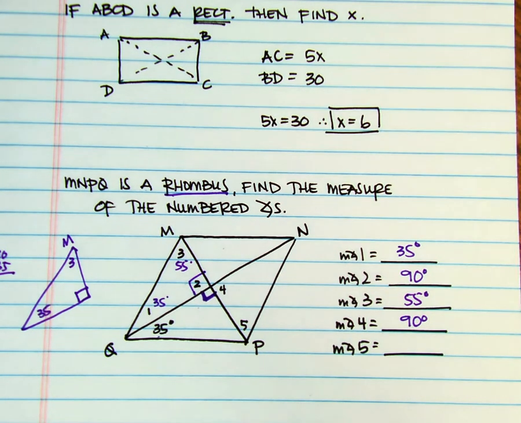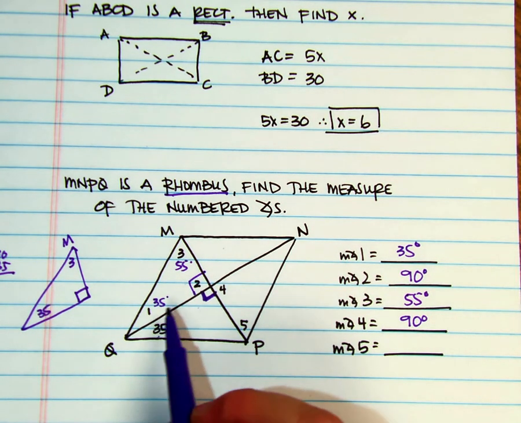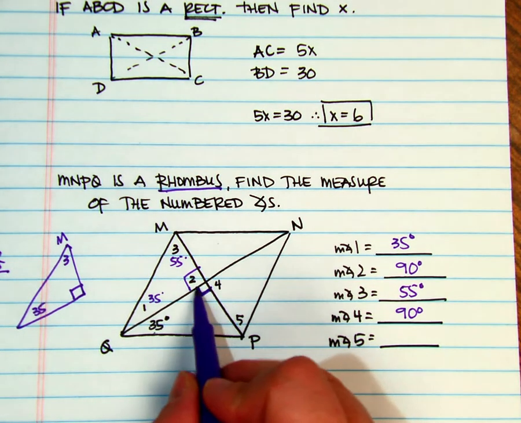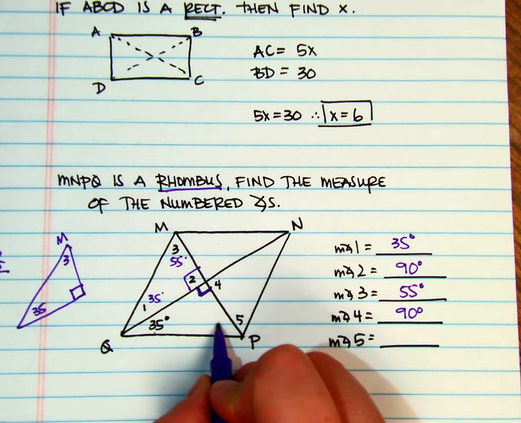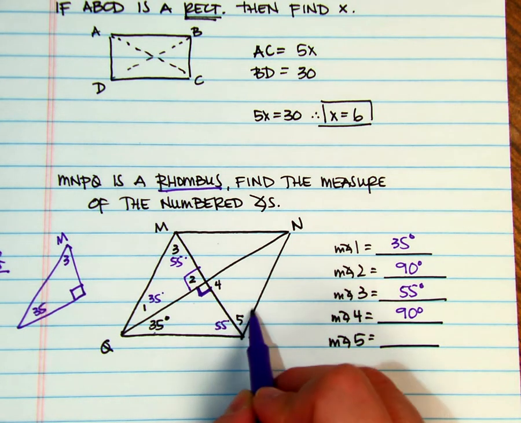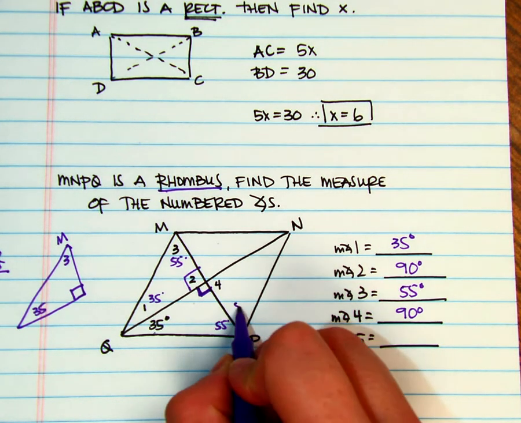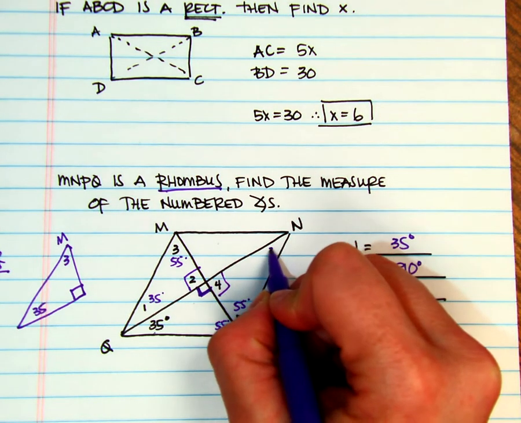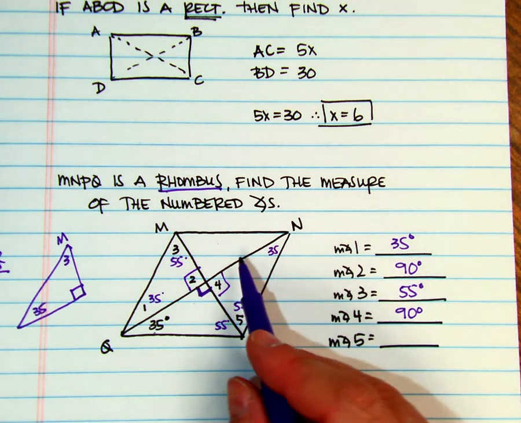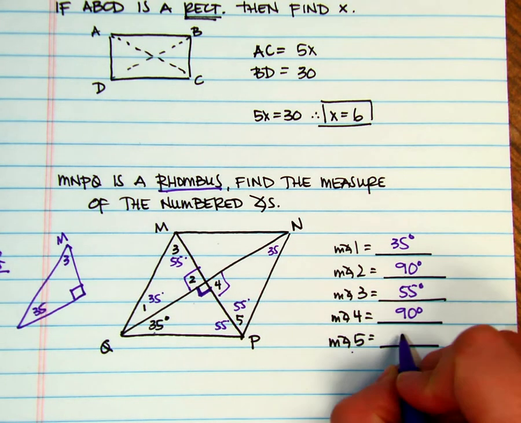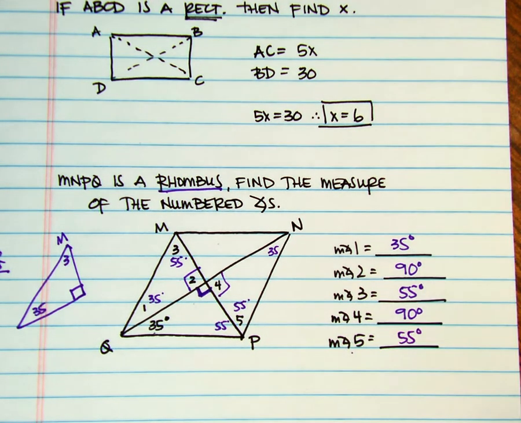Another thing that happens in a rhombus is that it creates 4 congruent right triangles. So if this is right, this is 35, which makes this 55. Diagonals bisect the angles, so this is also 55. Right angle, which makes this 35. So I can go all the way around because I have 4 congruent right triangles. So angle 5 is going to be 55 degrees.